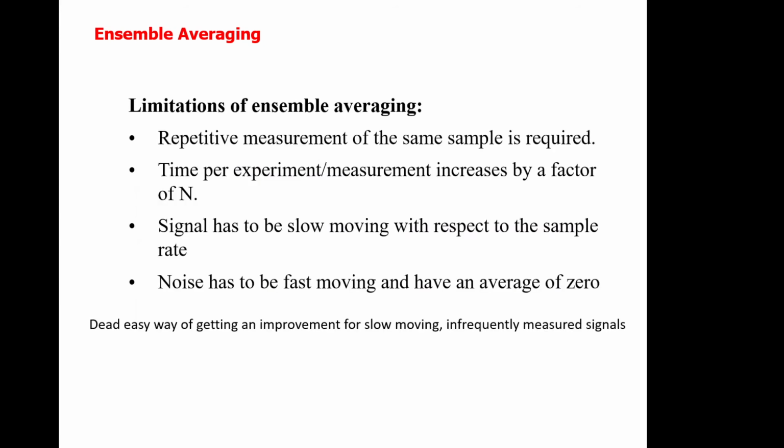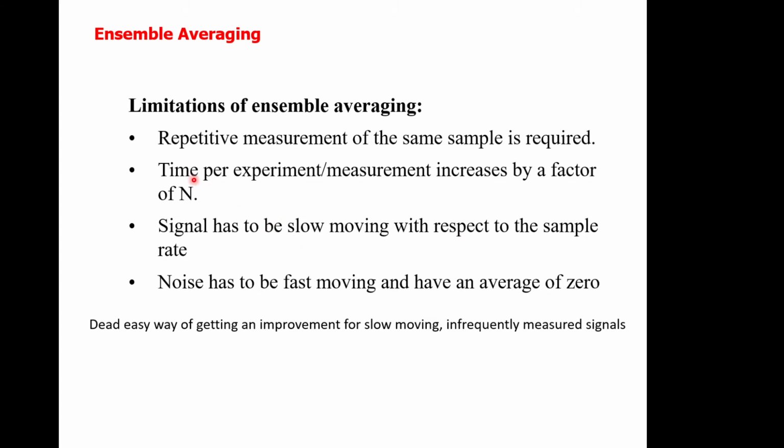So you have to remember there are some limits here. As I've just mentioned, the repetitive measurement of the same sample is required. So we're assuming that the signal hasn't changed very much while you're measuring it, which is what this third point is saying: the signal has to be slow moving with respect to the sample rate.